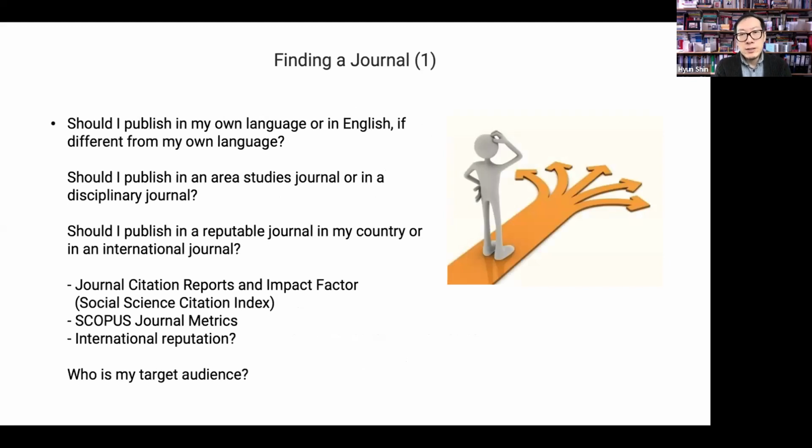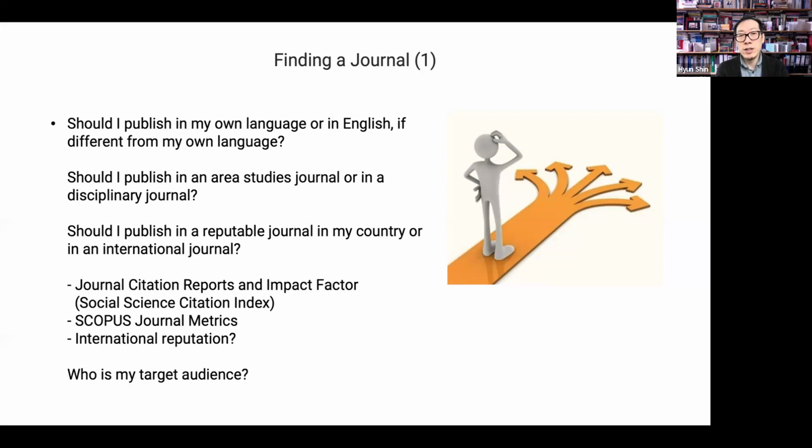As a starting point, finding a journal has been an easy task for some, but also a difficult task for many others. Here are a few bullet points to bear in mind. First of all, should I publish in my own language or in English, if English is different from your own language?